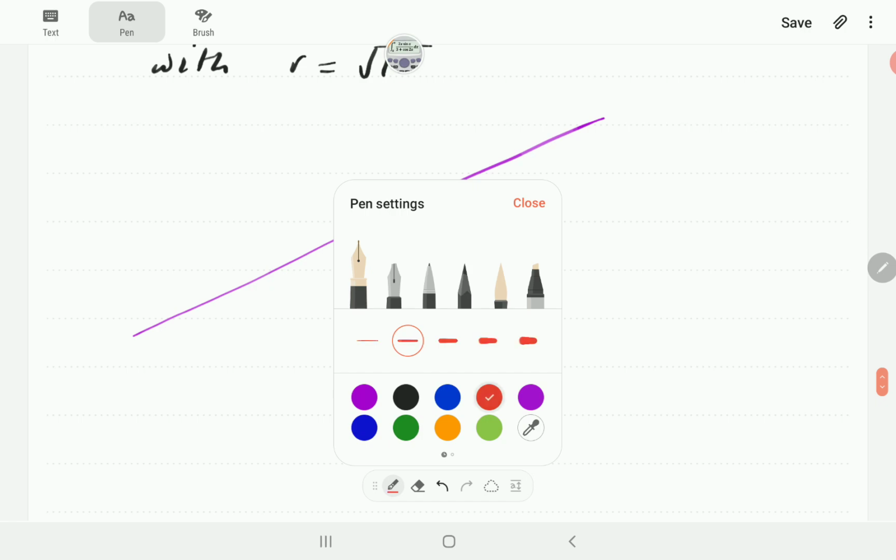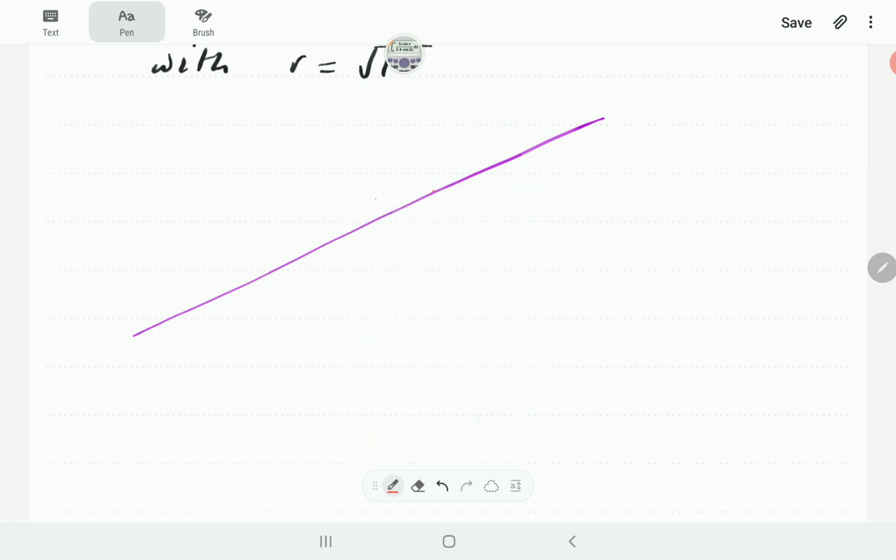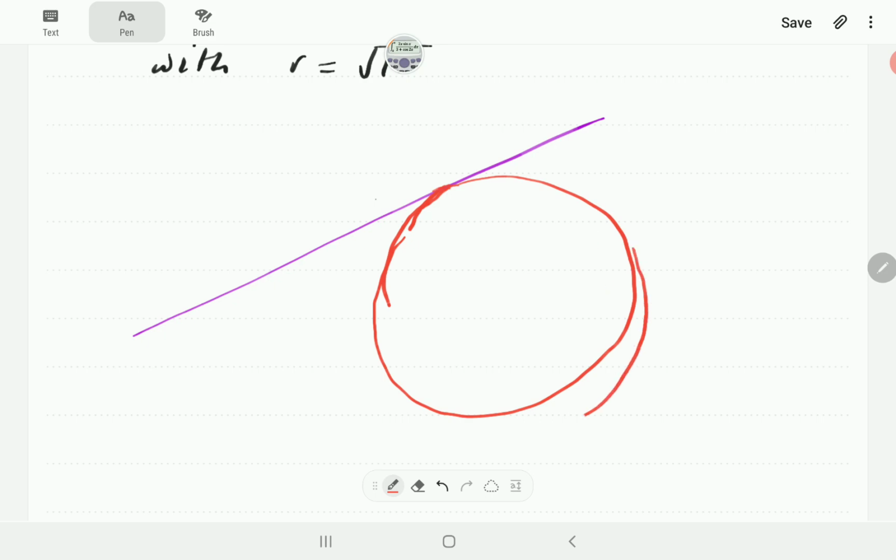So there is our straight line, and then our circle is tangent to the straight line. The point of tangency is 1, 1 here.